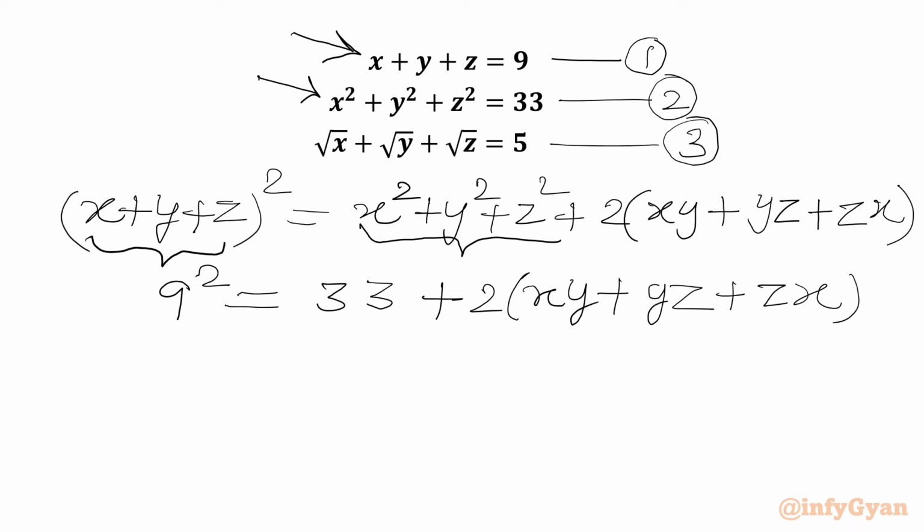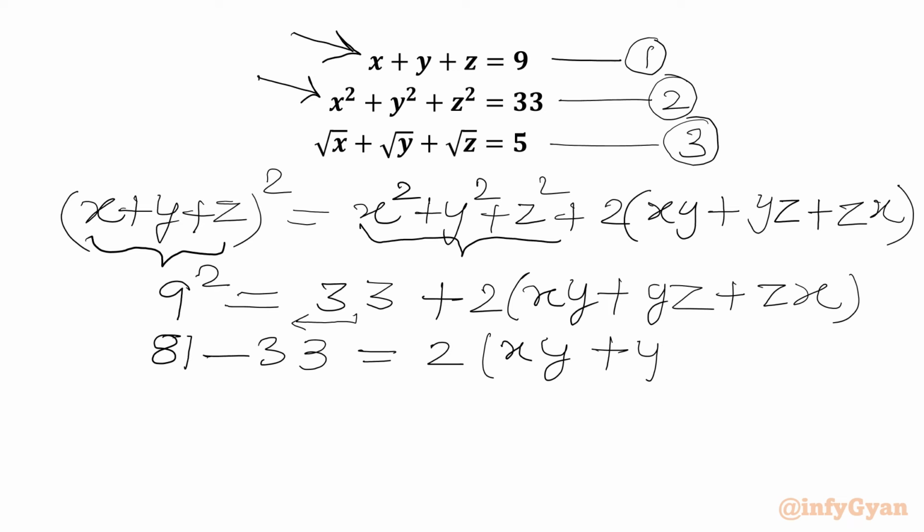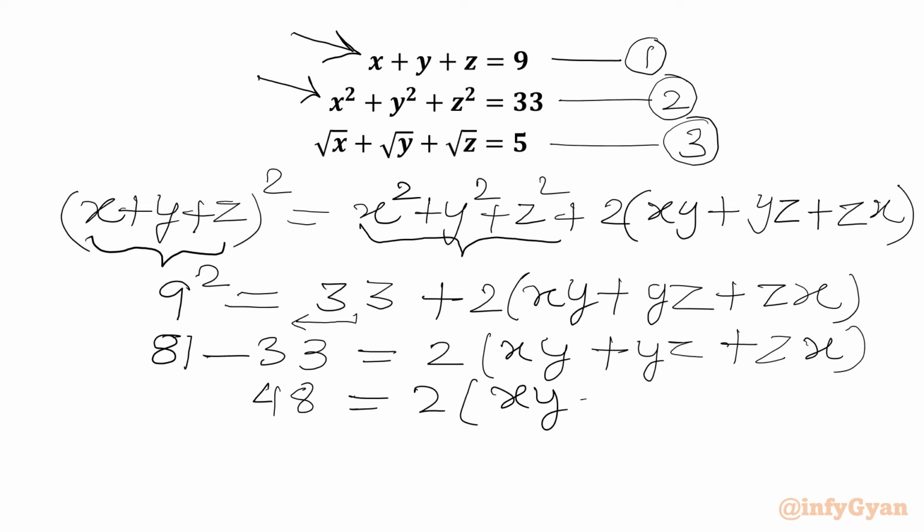Now 9² is 81, and if we take 33 to the LHS, we can write minus 33 equal to 2 times (xy + yz + zx). 81 minus 33 is 48. So we will write 48 equal to 2 times (xy + yz + zx).